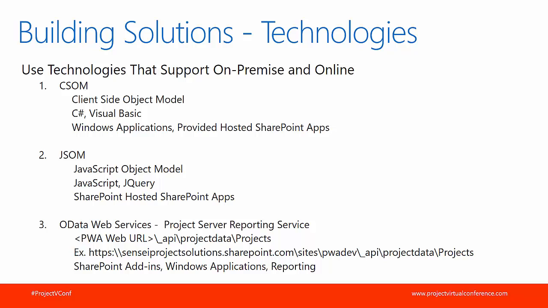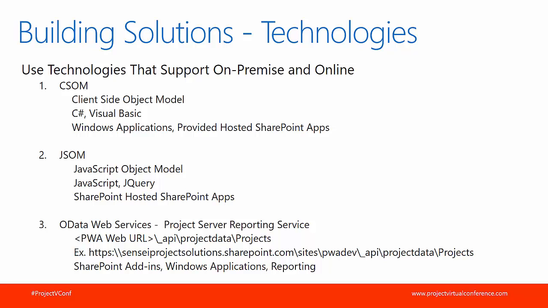So what are the interfaces we should be using if we want to support both Project Server and Project Online? We have a couple of different object models. The client-side object model allows developers to access the project objects using either C# or Visual Basic. The client-side object model can be used for server-side code if you're building your provider-hosted solutions.